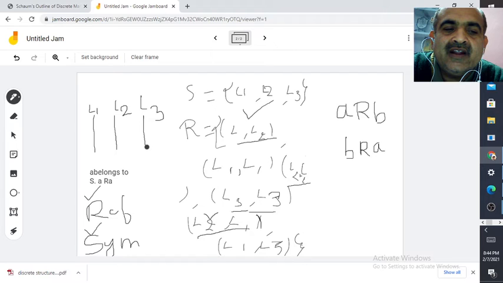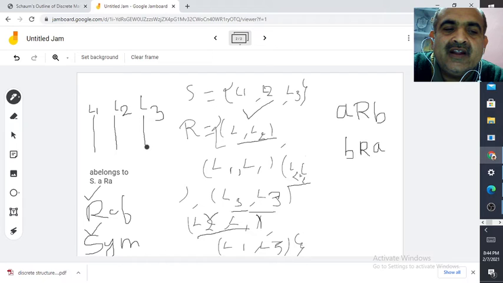Next question is: the relation of set inclusion is not an equivalence relation. It is reflexive and transitive, but it is not symmetric. Let's see this. Suppose this is the sign of set inclusion.